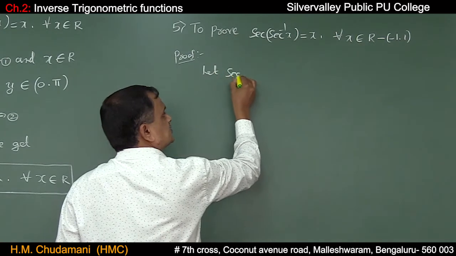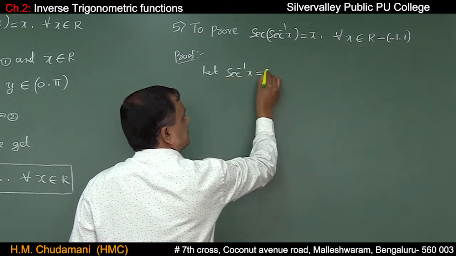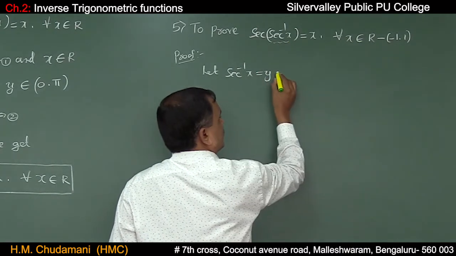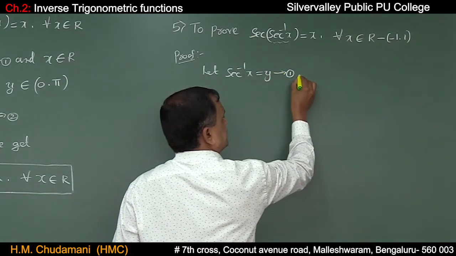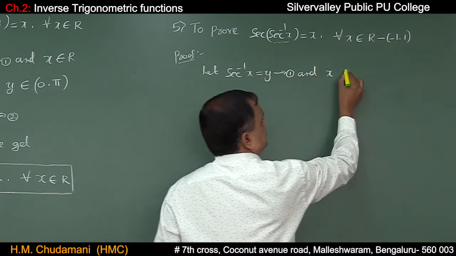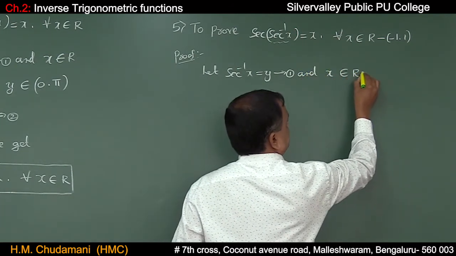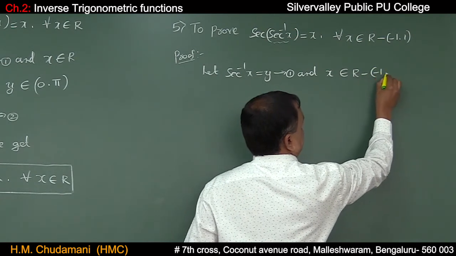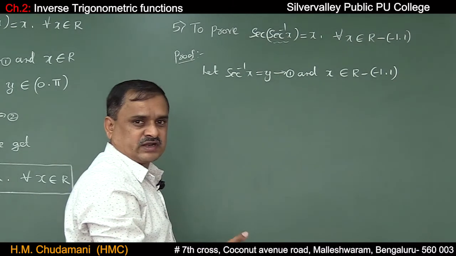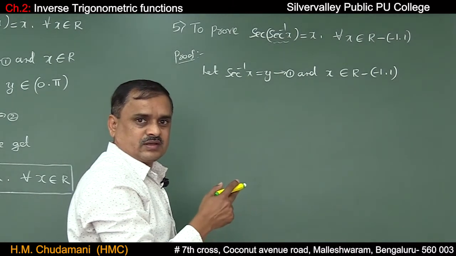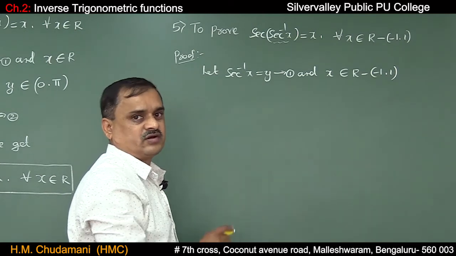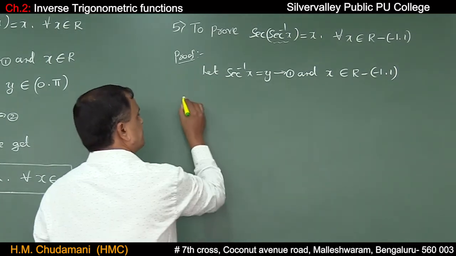Let secant inverse x is equal to y. Say this is equation 1, and x belongs to the real numbers except minus 1 comma plus 1. That is, mod x greater than 1 you can write, or else x less or equal to minus 1 or x greater or equal to plus 1.